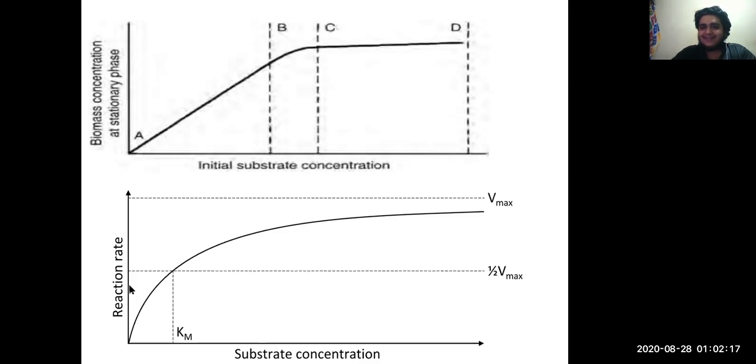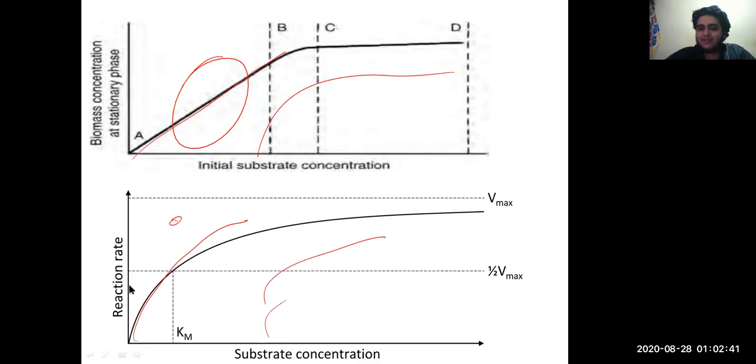But if you look at the kinetics, they both have very, very similar kinetics. They both have very similar definition to their constants. And even if you look at the plot, the sharpness of the Monod plot is because of its constant. I told you that this area is logarithmic, and it's a straight line, whereas this area over here is not a straight line function. But otherwise, the overall shape of the graph remains very, very similar, right?